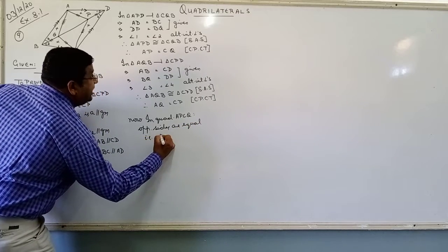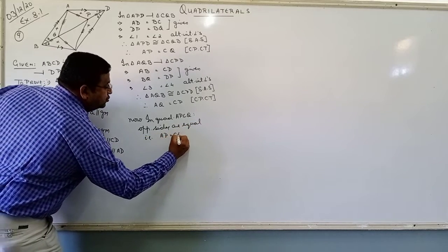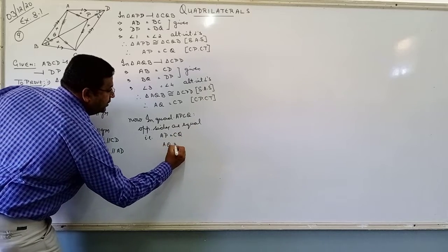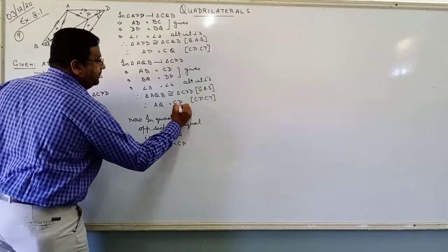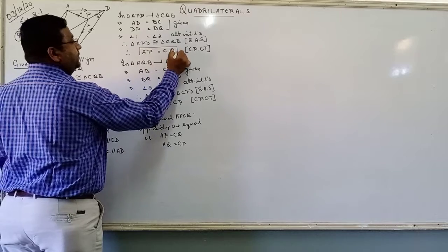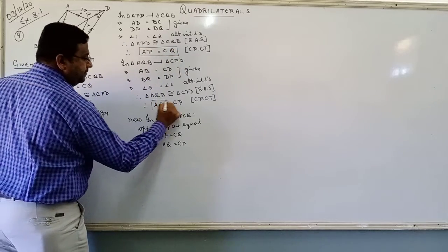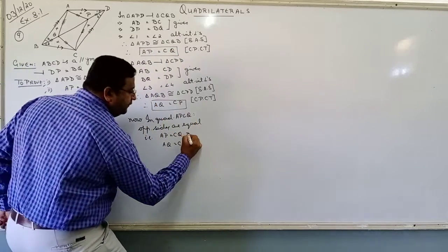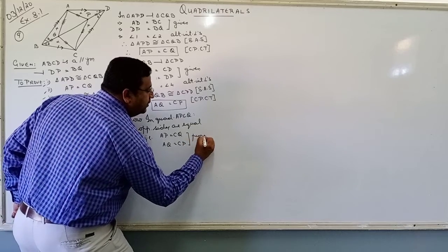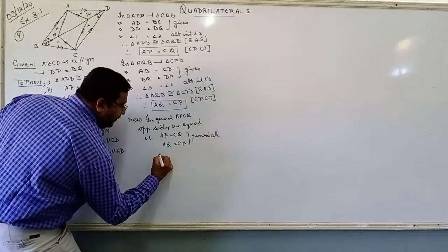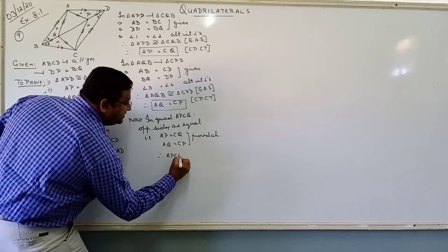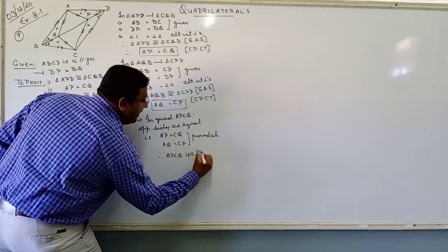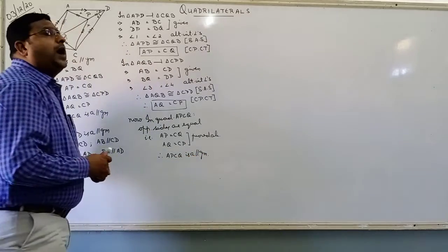That is, you can see AP is equal to CQ and AQ is equal to CP. Right? Can you see that? Proved above. Therefore, APCQ is a parallelogram.